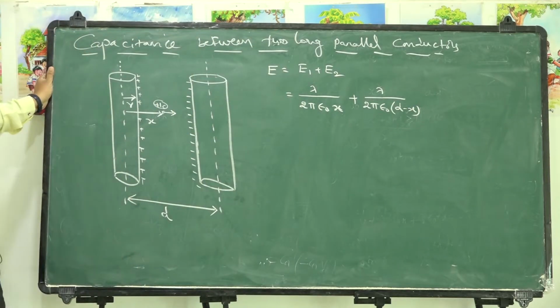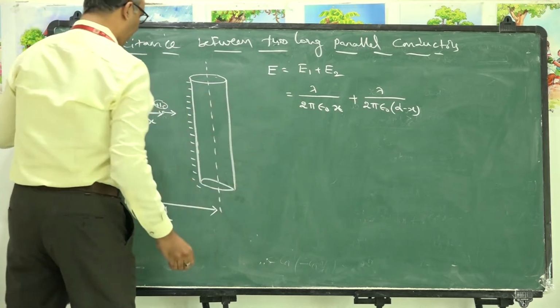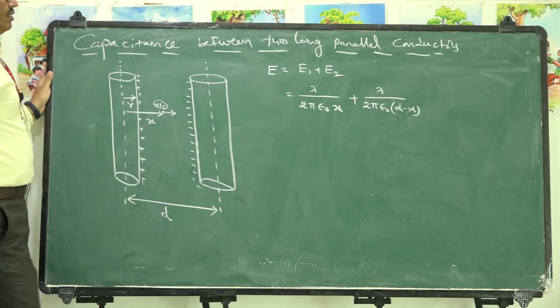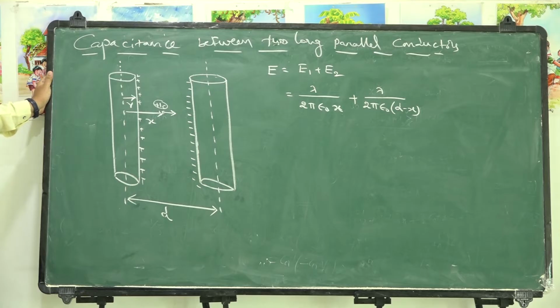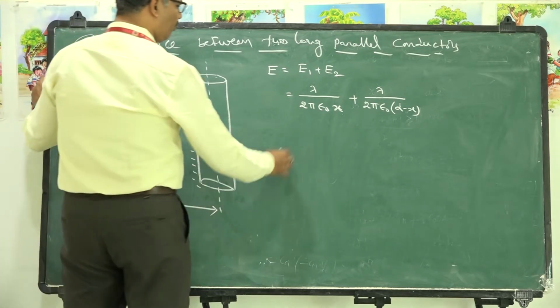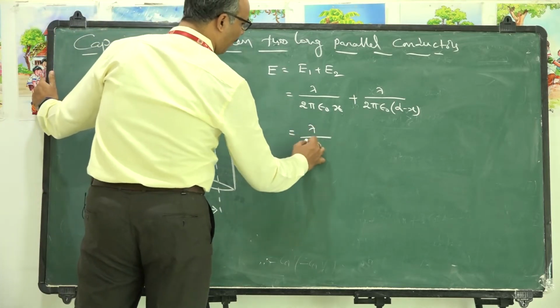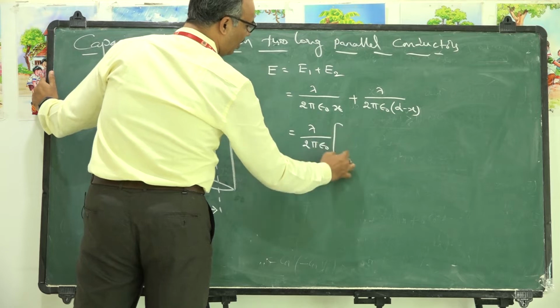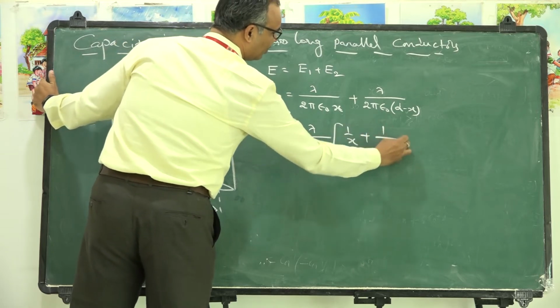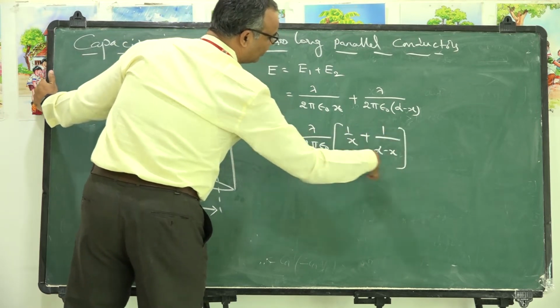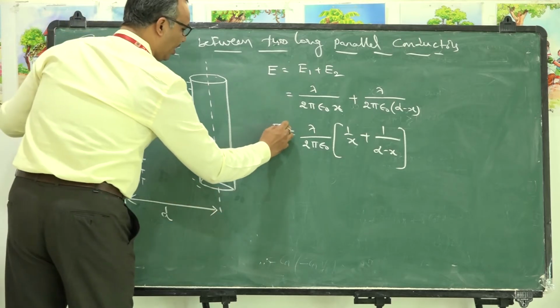In order to calculate electric field, we use this formula, but we require capacitance. So capacitance can be found by taking potential into consideration. So therefore, I would like to find the potential. Before that, let me take lambda by 2 pi epsilon naught as common. So 1 by x plus 1 by d minus x will be the electric field here.